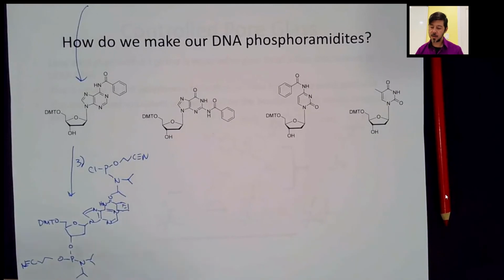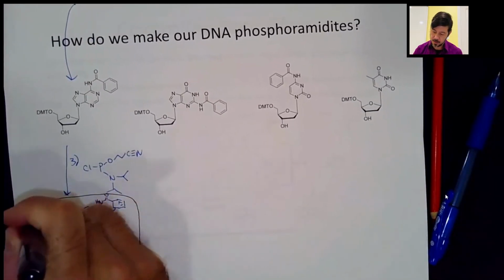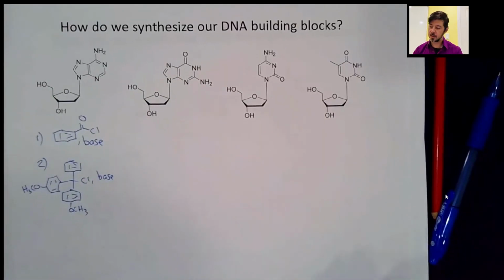Okay, so that's how you make the phosphoramidite for deoxyadenosine. Now, let's just go back because we have 4 other bases that we need to deal with as well.